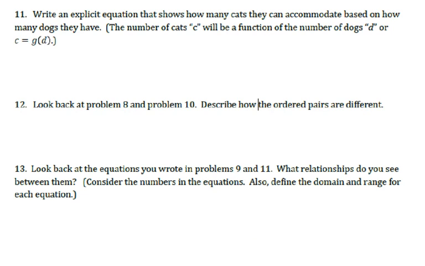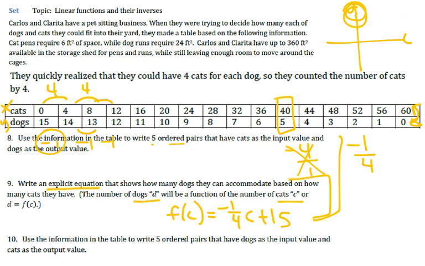Okay, write an explicit equation that shows how many cats they can accommodate based on how many dogs they have. This is where we started out with. But what you've got to remember is, if you flip-flop it, this is where you start out with dogs. You're flip-flopping the whole thing.